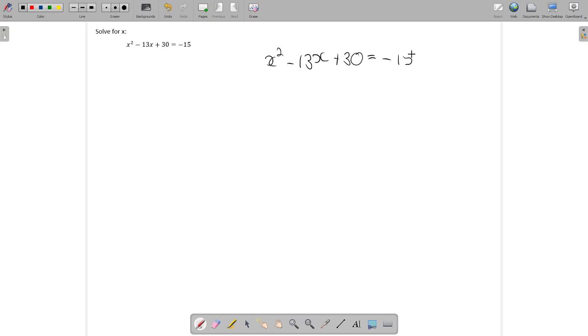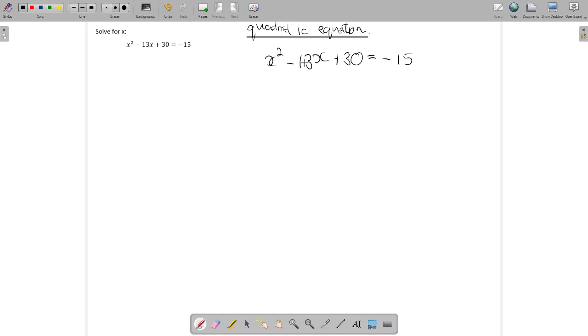In this case, we have an x squared term and an x to the power 1 term. This is actually a quadratic equation. So let me just write that there. Okay, so because this is a quadratic equation, let's try to isolate x.